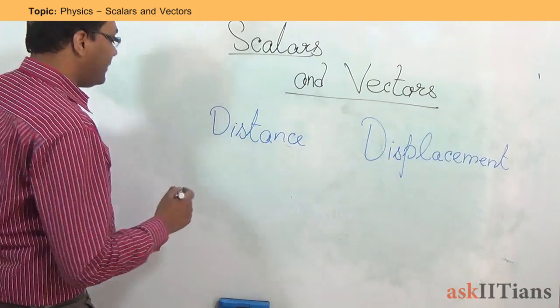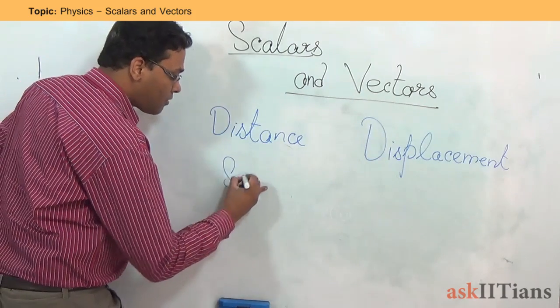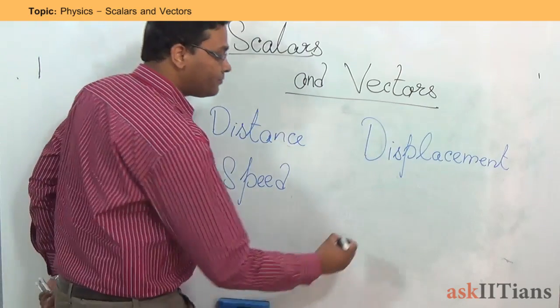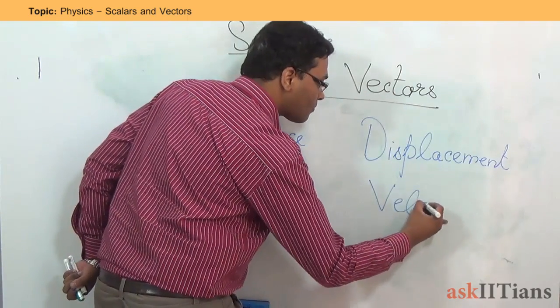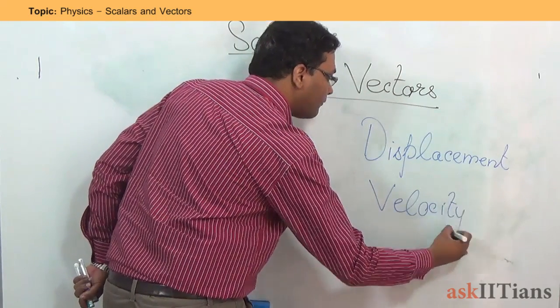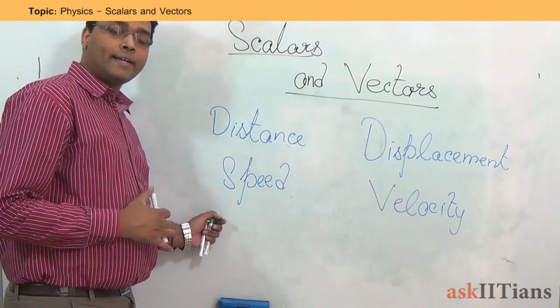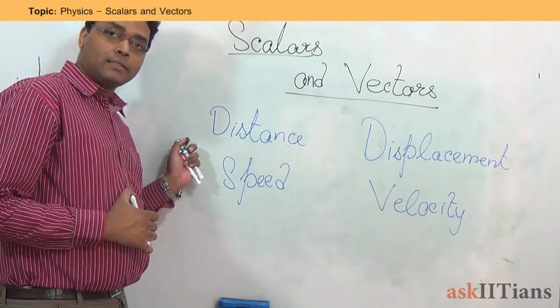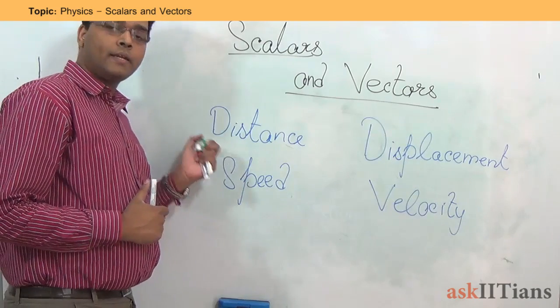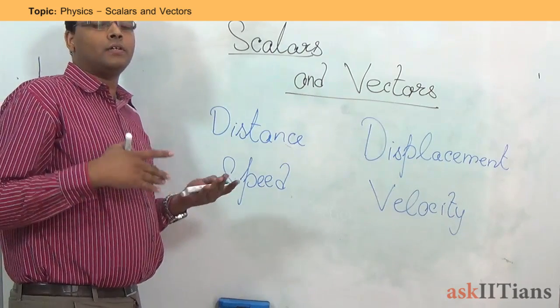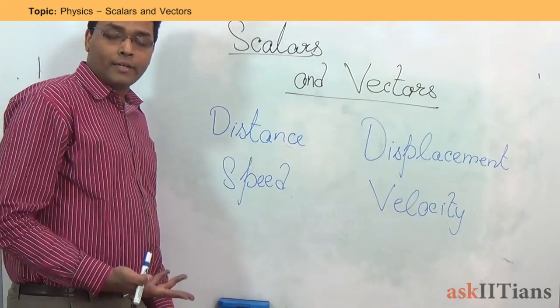Then let's talk about speed and velocity. What is the difference? Speed depends on the distance, so it's a scalar quantity. Speed is nothing but the rate of change of distance covered per unit time.